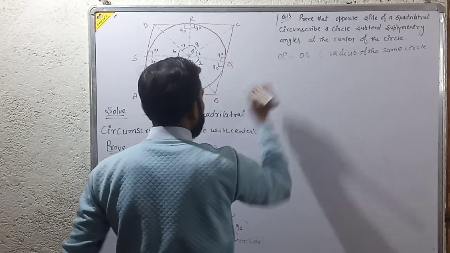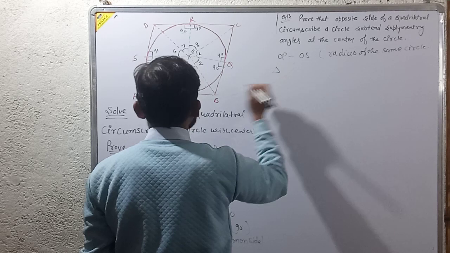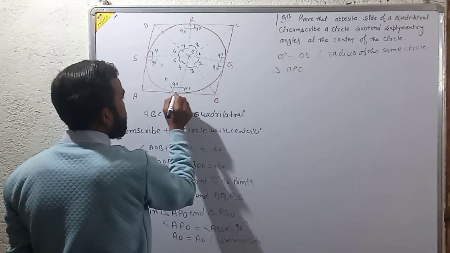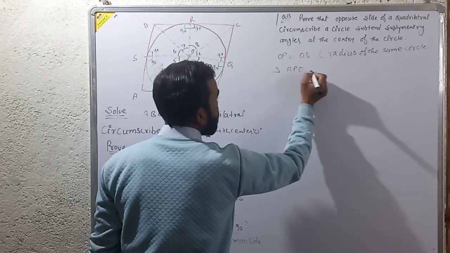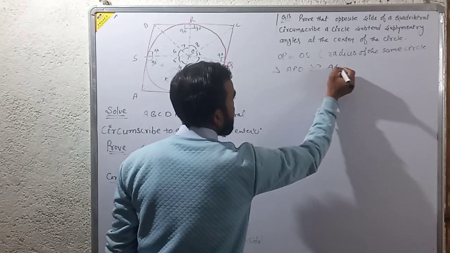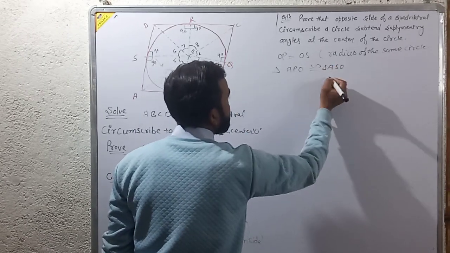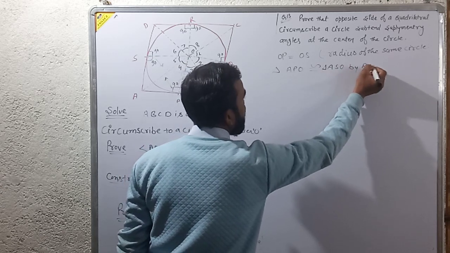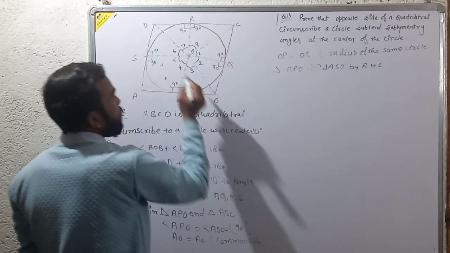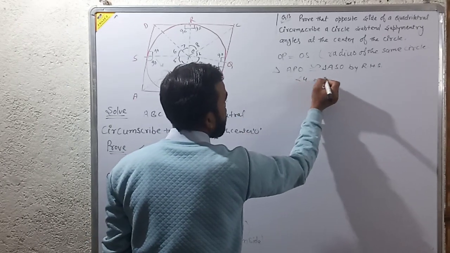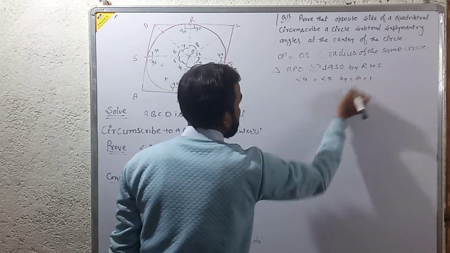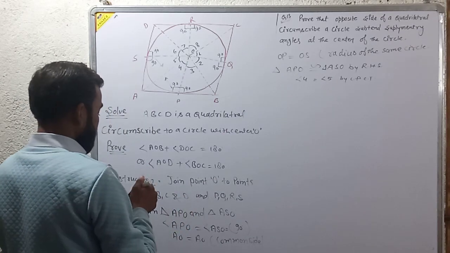So we can say that triangle APO is congruent to triangle ASO by RHS congruency. So angle 4 is equal to angle 5 by CPCT. Clear?